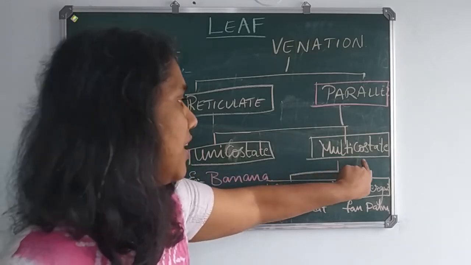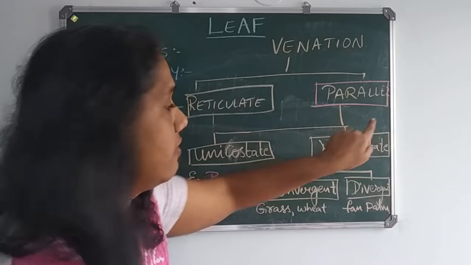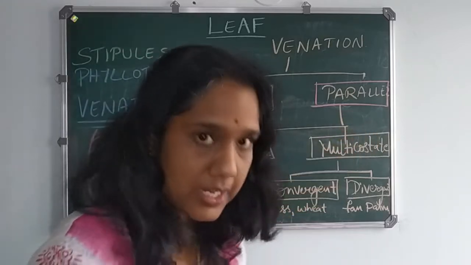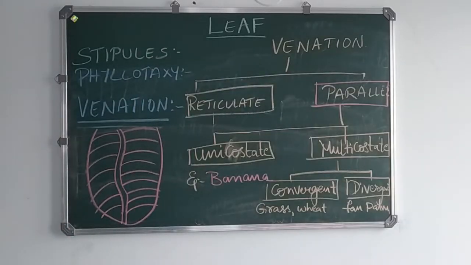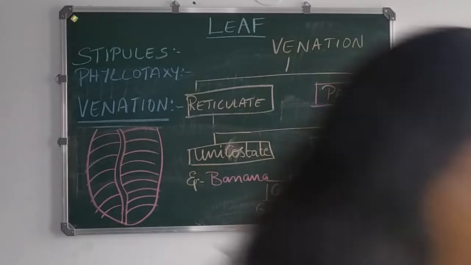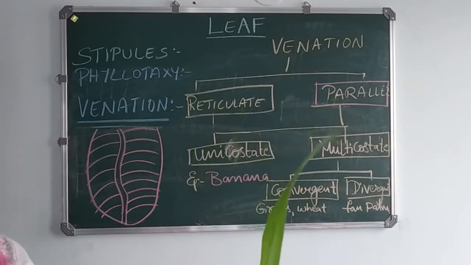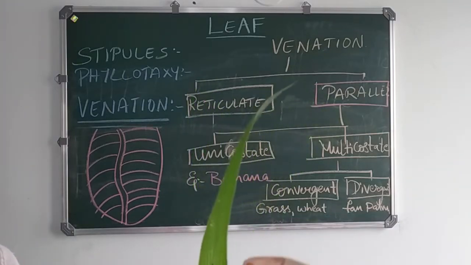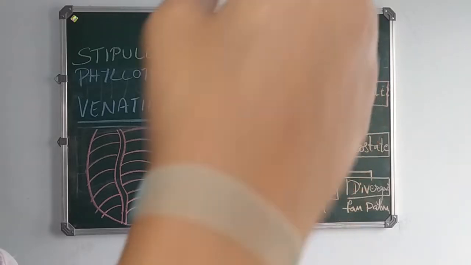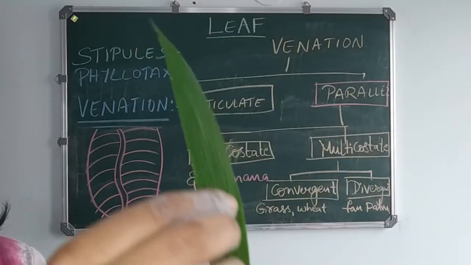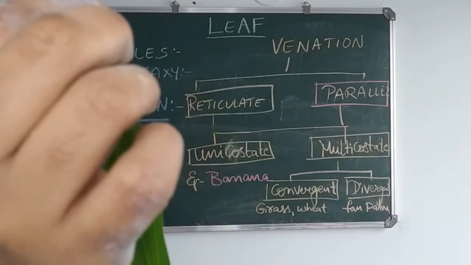When it comes to multicostate parallel venation, convergent, I'll show you an example of the grass which I have collected. Look, if you can see what is happening here, all the veins are running parallel to each other and they are all converging at one point. See the tip, right?